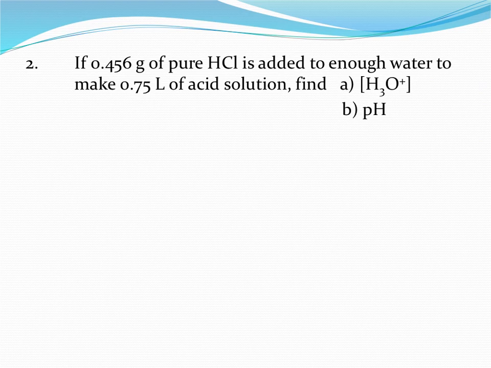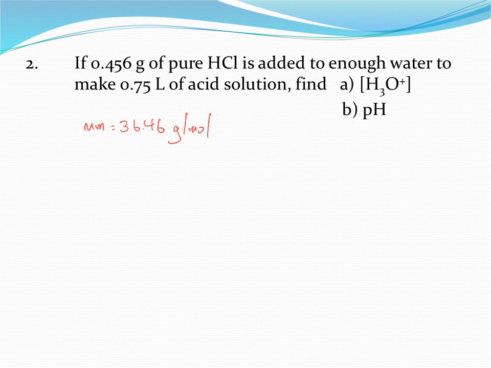Looking at our periodic tables, chlorine weighs 35.45 grams and hydrogen weighs 1.01. So the molar mass of hydrochloric acid is 36.46 grams per mole.